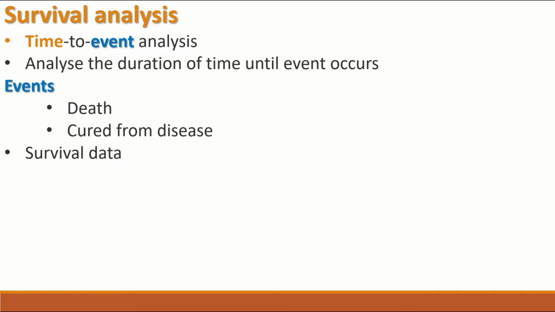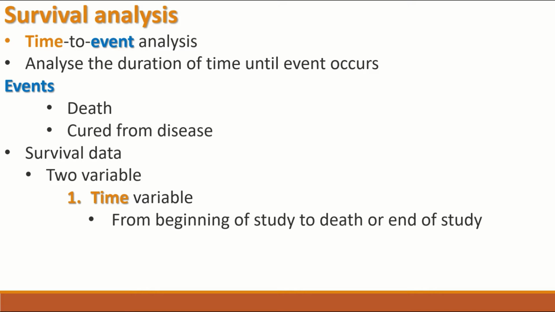For the analysis, the survival data should contain at least two essential variables. These variables are the core variables for the survival data. The first variable is the time variable, which is the time from the beginning of the study to the death or the end of the study.